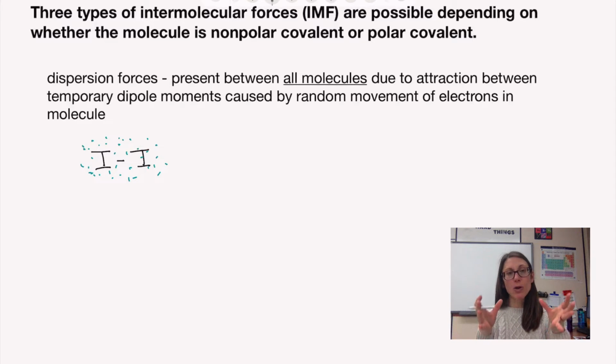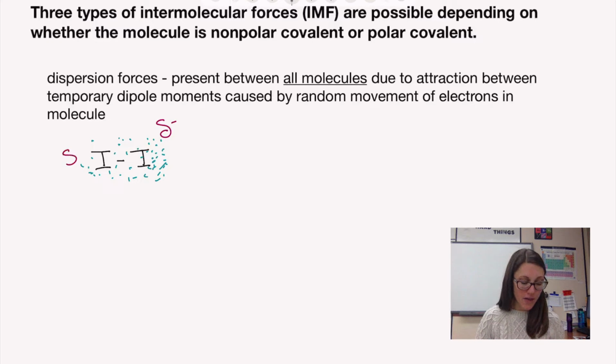And just for a moment, one of those iodine atoms will end up with a little bit of extra electron density, while the other one loses a little bit of electron density. As a result, the iodine that ended up with that extra electron density has a partial negative charge, and the other one ends up with a partial positive charge.